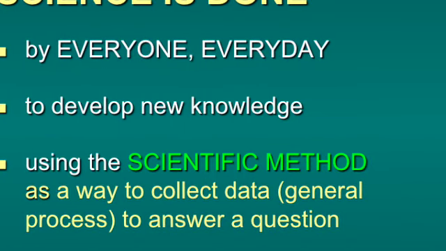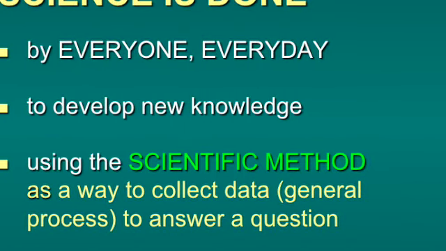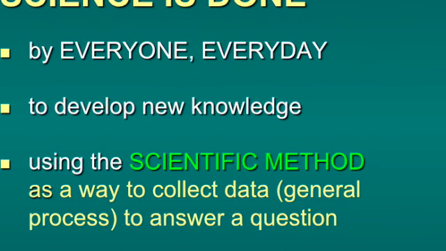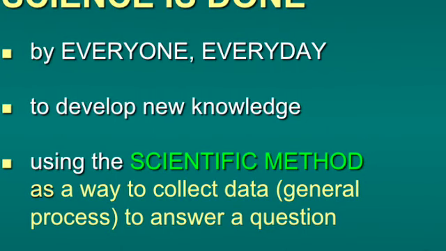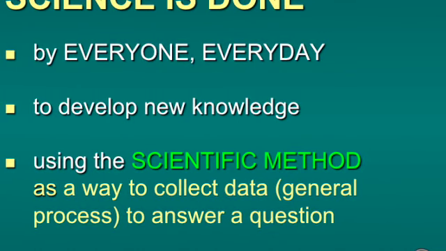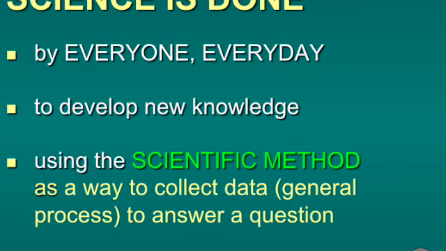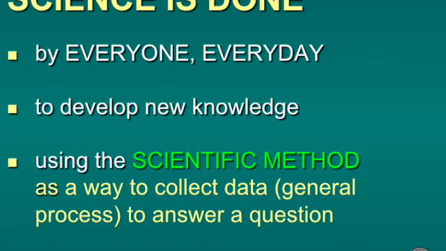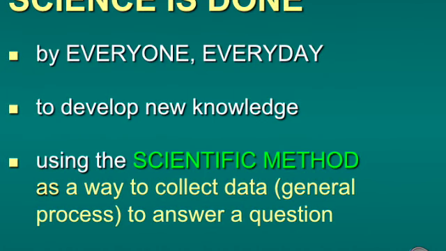So when we have these questions, we use the scientific method to answer them. This is just our way of collecting data, and it's a general process that has been developed, and we are going to talk about that a little bit today and the steps involved.